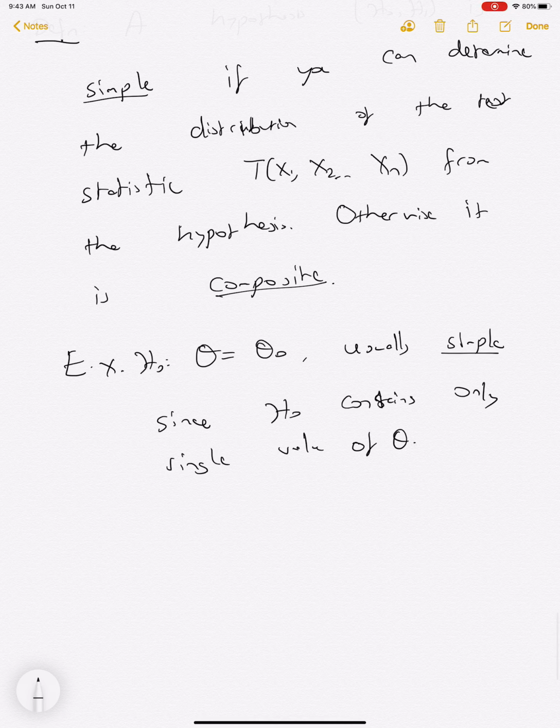And that's why it's a simple hypothesis, because once you know your theta, you know the distribution of your xi's, which in turn means you know the distribution of the test statistic T. On the other hand, if we look at the H1 here, which might be theta bigger than theta 0, that's usually composite.